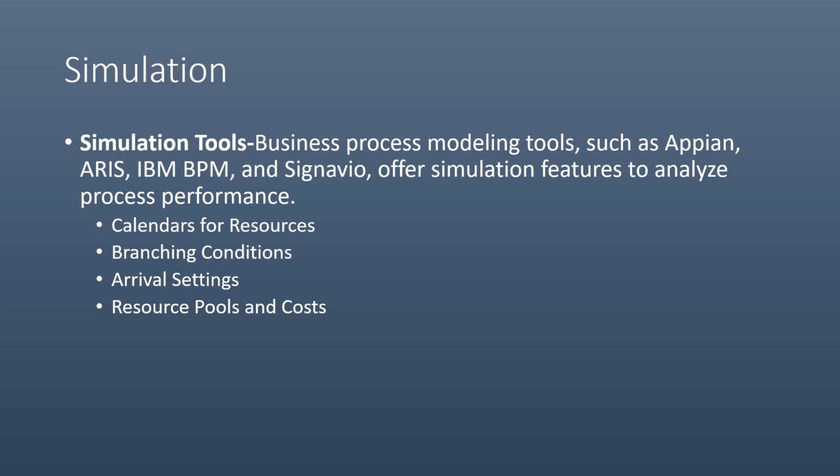In some cases it can enable batch arrivals, for example processing large document batches annually. And lastly, speaking about resource pools and costs, simple tools set a single cost for a resource pool, while others allow detailed customization with a specific cost for each resource.